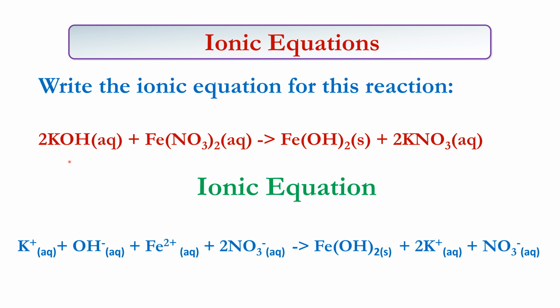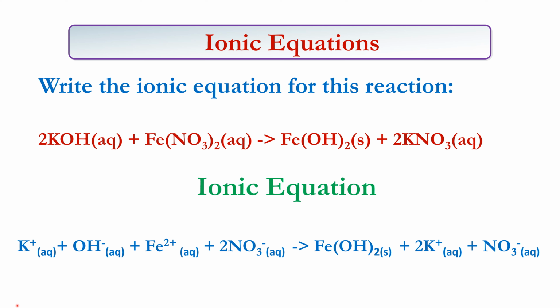So KOH will separate into positive and negative ions. Iron 2 nitrate will separate into positive and negative ions. Iron 2 hydroxide will not separate because it is solid and insoluble. Potassium nitrate will separate because it is aqueous and soluble in water, so it will separate into positive and negative ions.